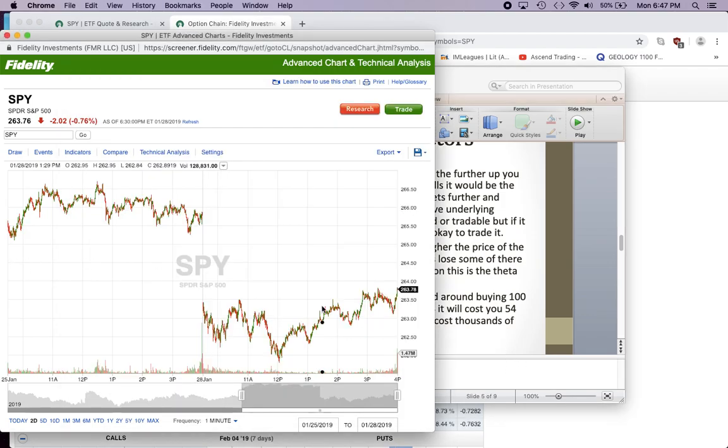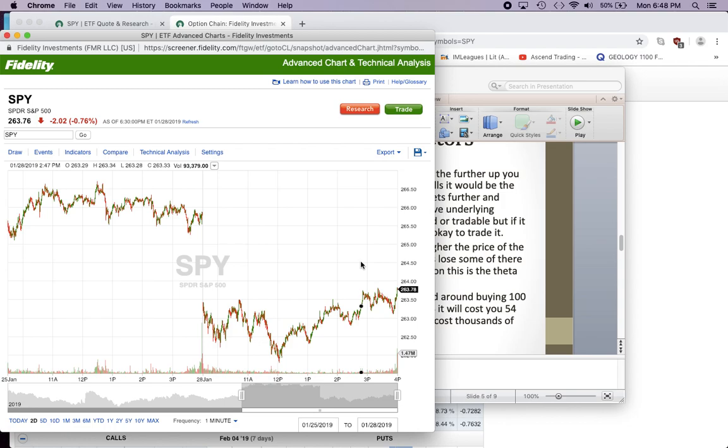And then for puts, if you bought like 264 puts, they'd be really expensive and they would be in the money because we're below 264. Say if you bought 220 puts, if they're even out there, for closer expirations they're going to be very cheap, like pennies.